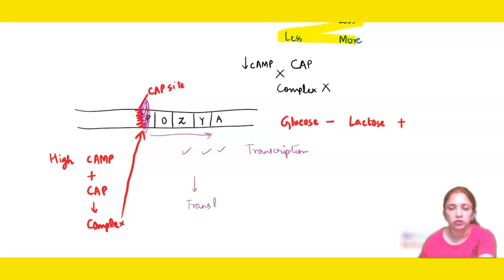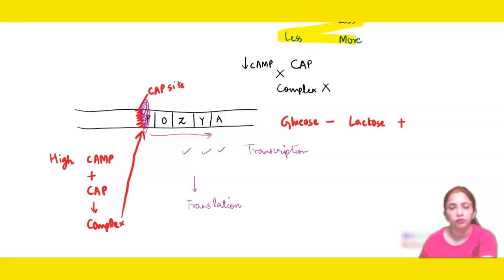Once the CAP site receives the complex, RNA polymerase does its activity, and because of this the structural genes are translated. We already discussed that Z produces beta-galactosidase, Y produces permease, and A produces transacetylase.